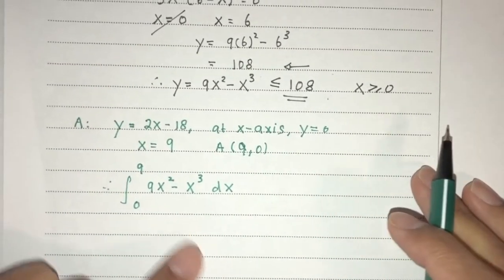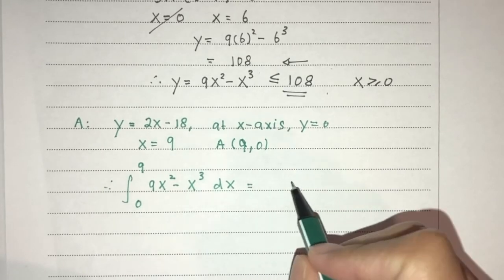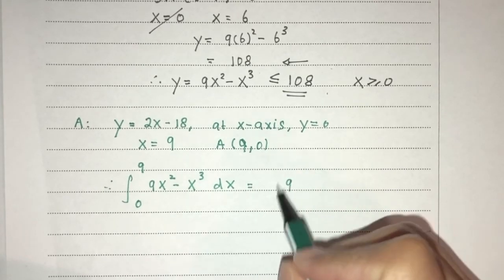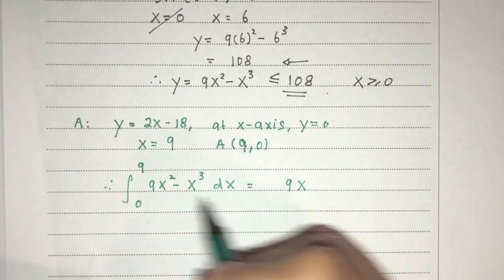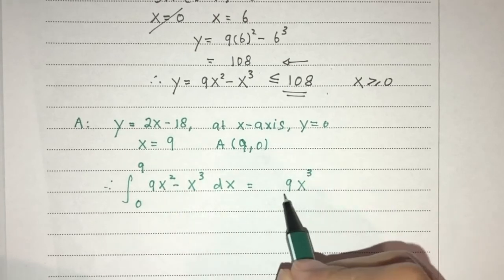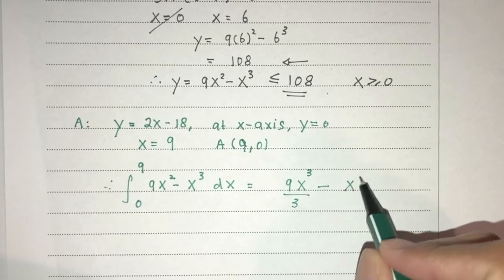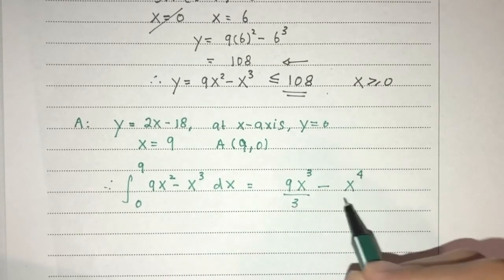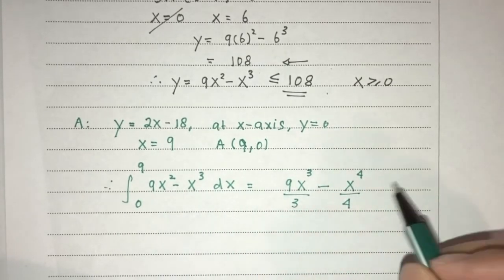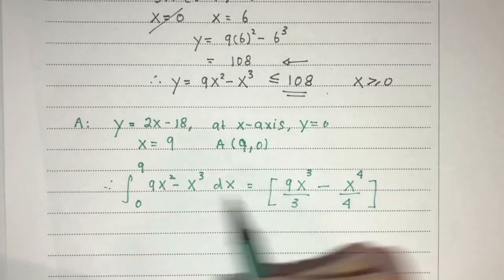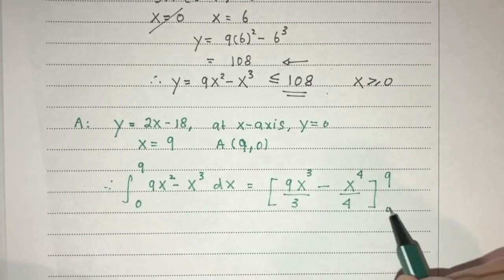Now this is pretty straightforward. We can just integrate, so that will be 9, 9 is only a multiple. X power 2, we add 1 and divide by the new power. Then minus x power 3, we add 1 and divide by the new power. Now the limits will be these two, 9 and 0.